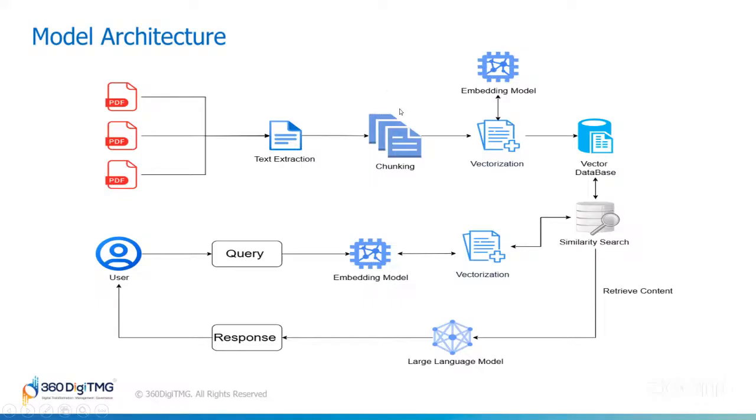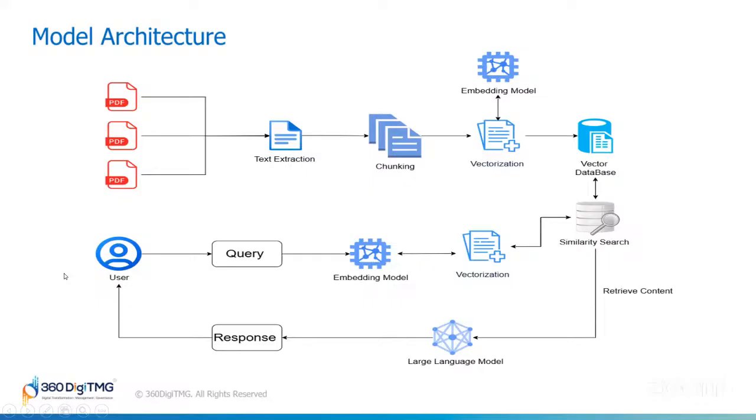Then we passed the chunks to our embedding model to perform vectorization. Once the vectorization is done, we created the vector database. This is one pipeline, one part of the model architecture. Next comes the user, or the students.